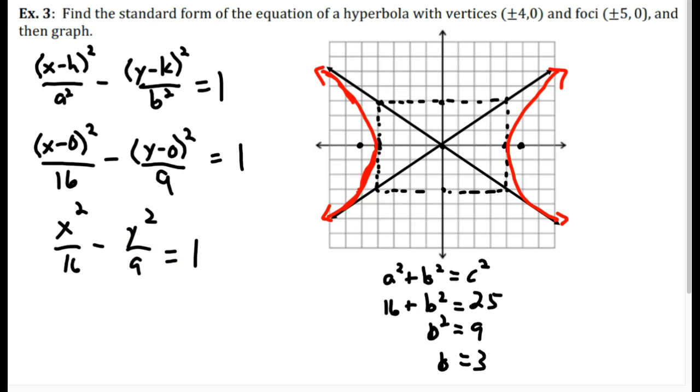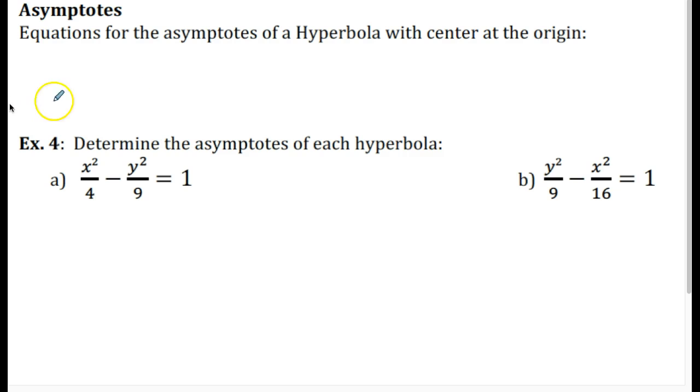All right. So let's think about the equations of the asymptotes. Well, if I'm centered at the origin, it's fairly easy to think about the slope. So if I'm centered at the origin, I know we're thinking about y equals mx plus b for the equations of these lines, I know my b value will be 0.